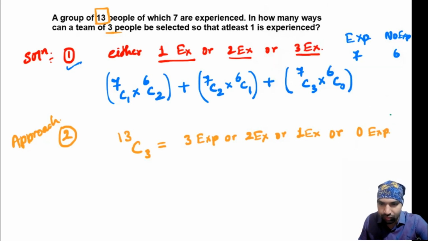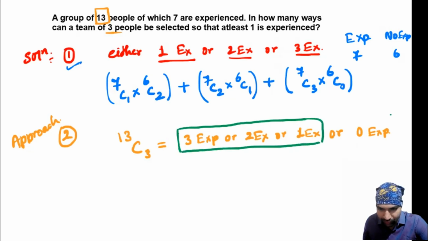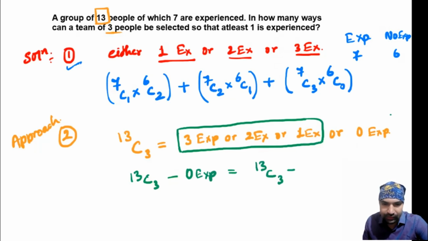Exactly. Now what we have to find is at least 1 experienced, which is all of these cases except one. So I can simply write 13C3 minus 0 experience. In how many ways can I have 0 experience?